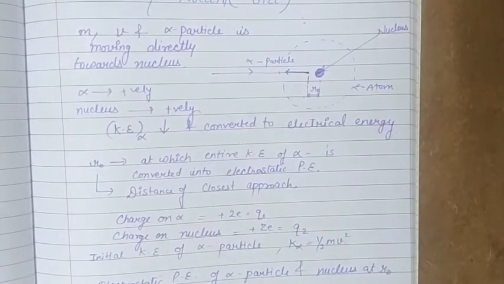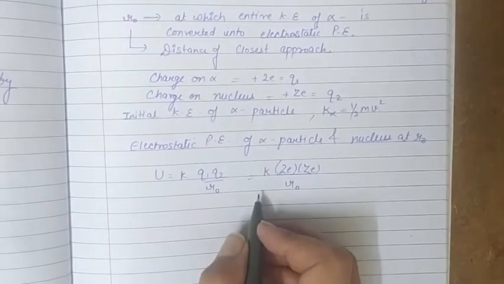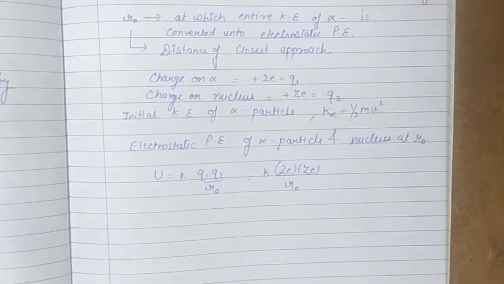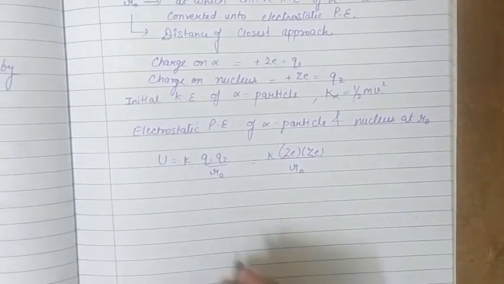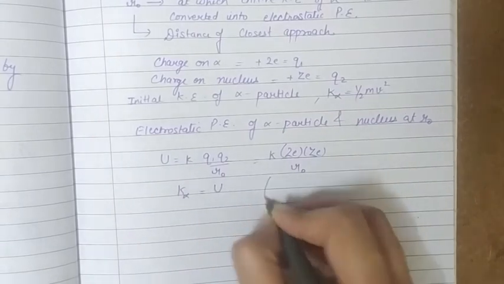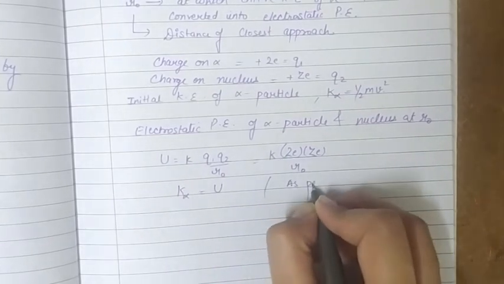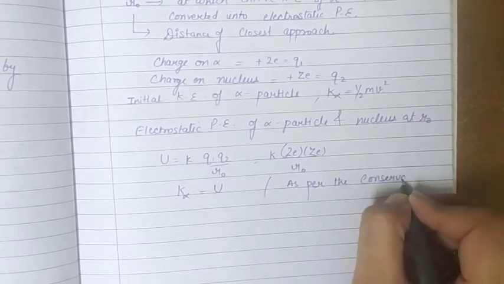So this whole amount of energy is converted into potential energy at the point of closest approach. So for the distance of closest approach, we can equate K alpha with U as per the conservation of energy.